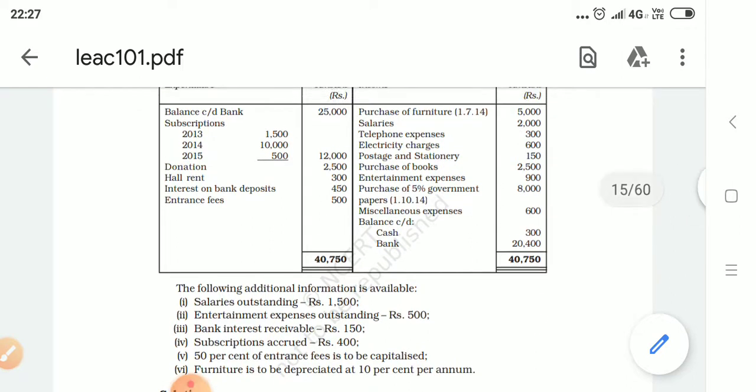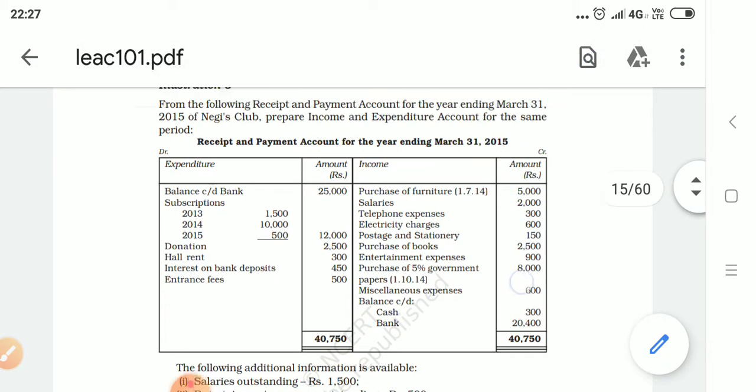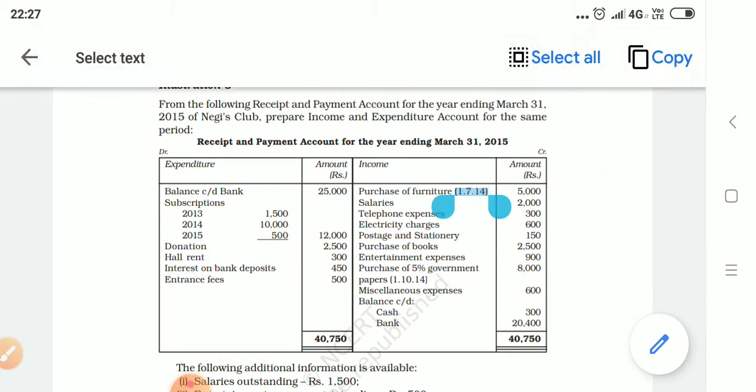So where is furniture? Have you purchased furniture? Yes, you have purchased furniture, 5,000. So on 5,000 we have to calculate 10%. But here it is given, it is purchased on 1st July 2014. So from July to March we have July, August, September, October, November, December, January, February, March, 9 months.